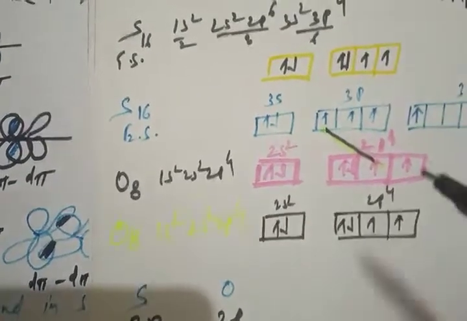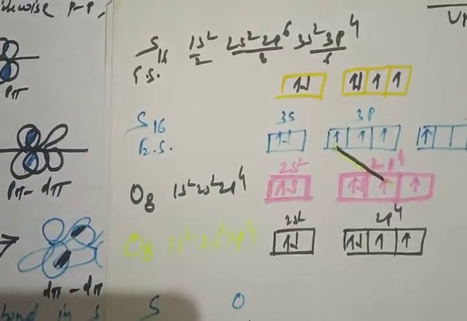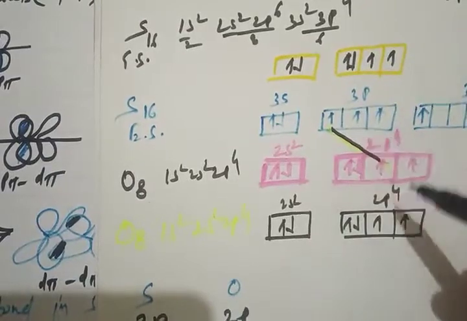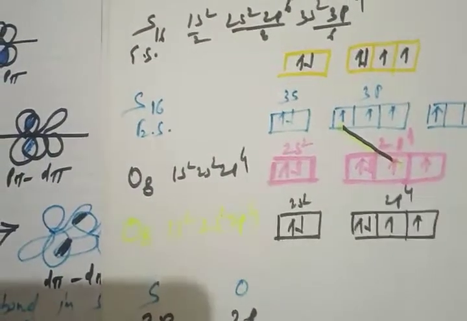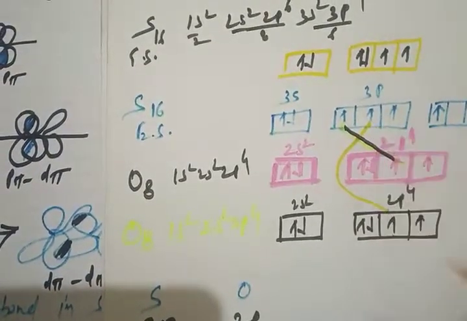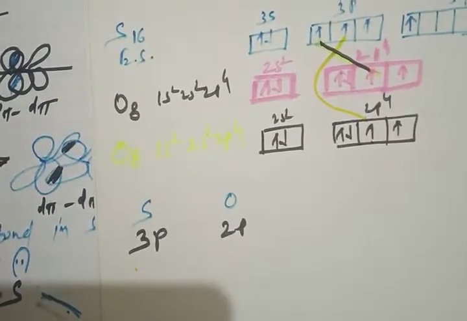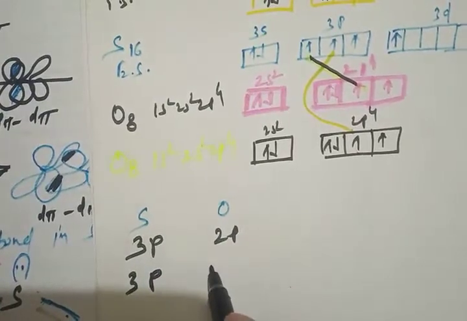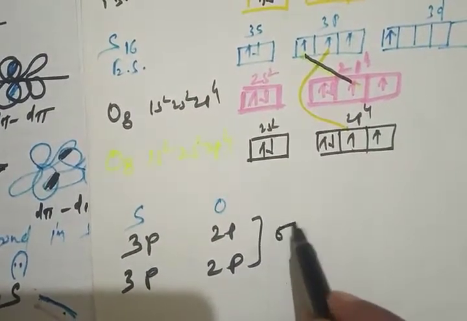Now another sigma bond, because we have two sigma bonds, with the other oxygen, will form by this 3p and this 2p. So another sigma bond is from the 3p of sulfur to the 2p of the other oxygen. So these are the 2 sigma bonds.